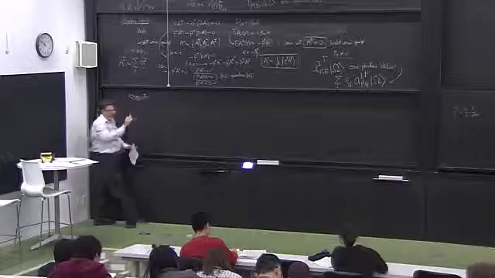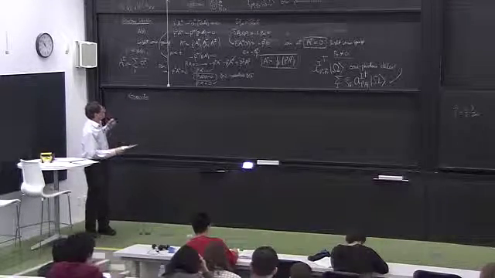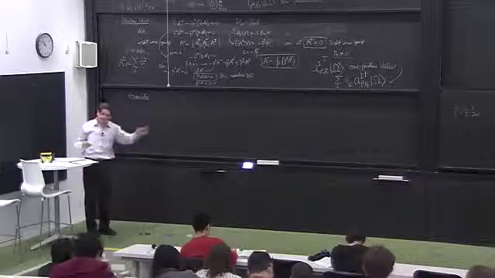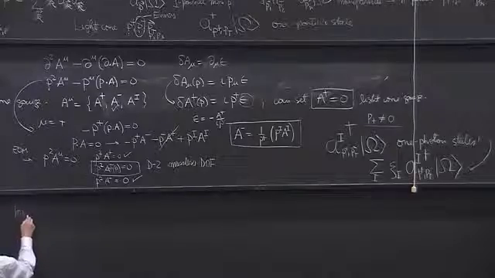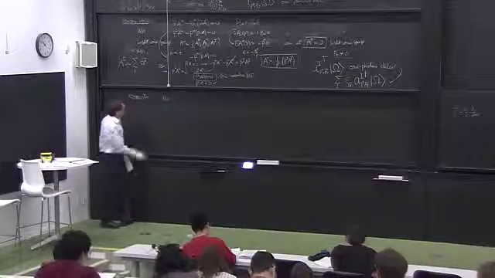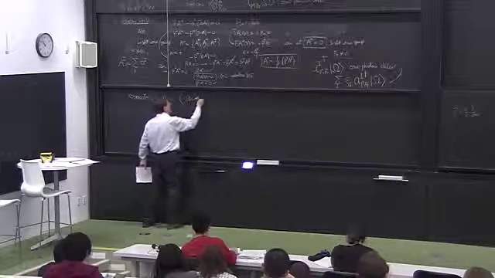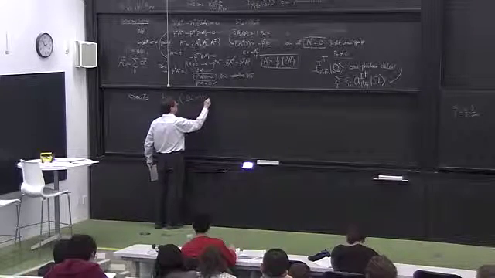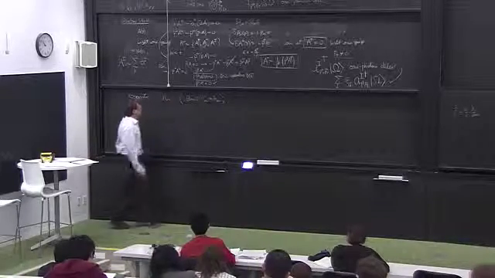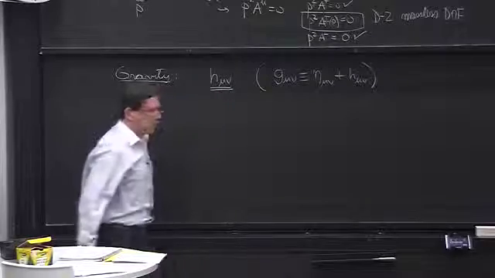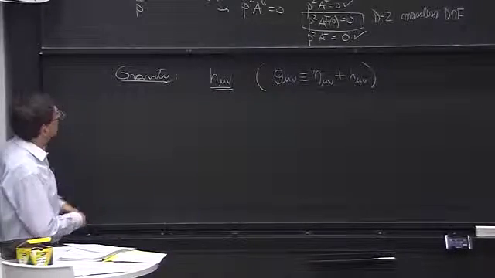I'm going to sketch only the results because it takes a little bit of time, and the details are really not all that complicated. You have a field h mu nu. This is the field that comes when you take the metric and expand it as flat space plus a little fluctuation. And this fluctuating field is the one we analyze, the field associated to a spin 2 field.